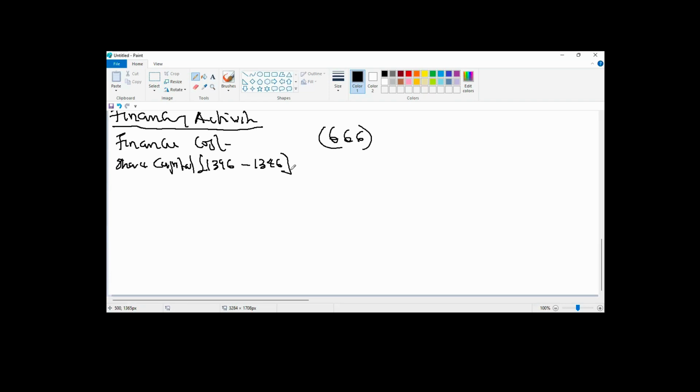So what is the movement in the share capital? Does it have share premium? Yes. Share premium, 556 minus 345. Non-current liability, yes, loan notes. What is the figure for the loan notes?